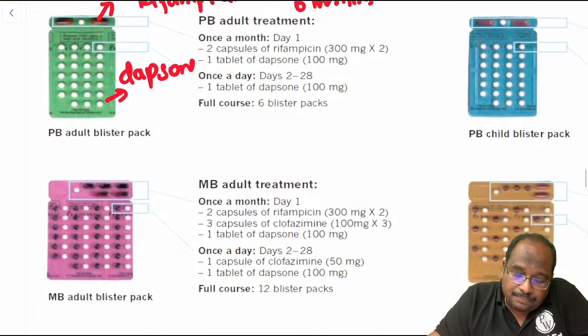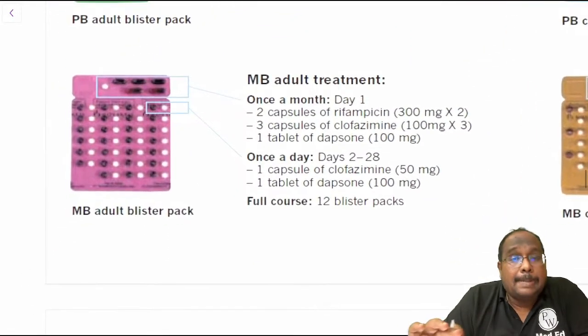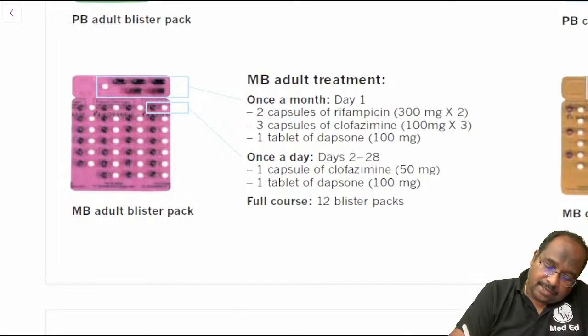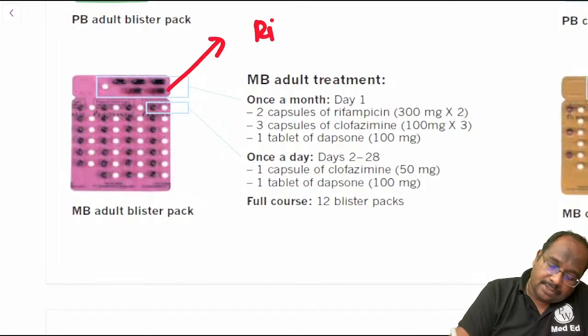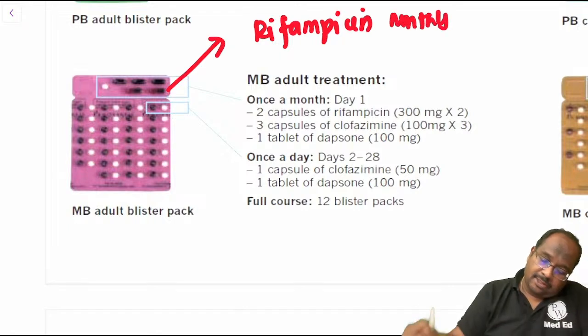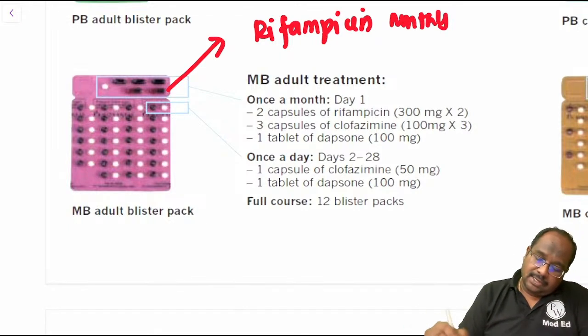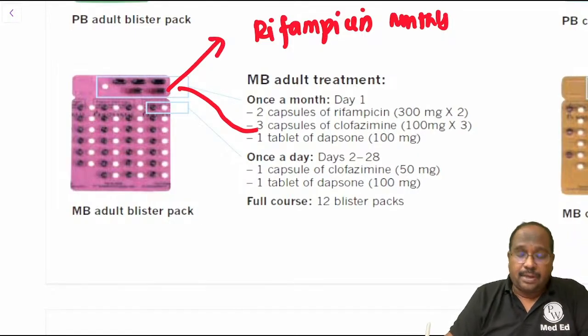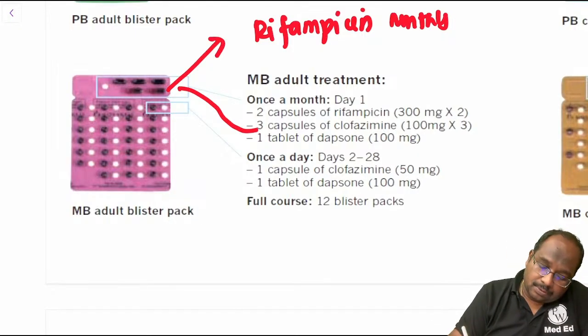What about multibacillary? The first one is rifampicin, monthly, and you also have clofazimine, and this is dapsone.